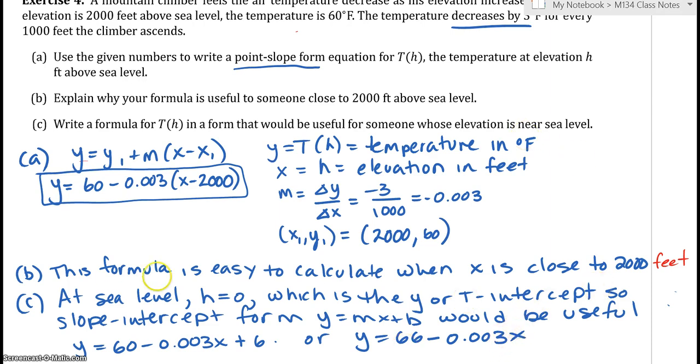This is, again, the same reason as above. The slope-intercept form is easy to calculate things that are near the y-intercept, and the point-slope form, which is what this was, is easy to calculate near that point.